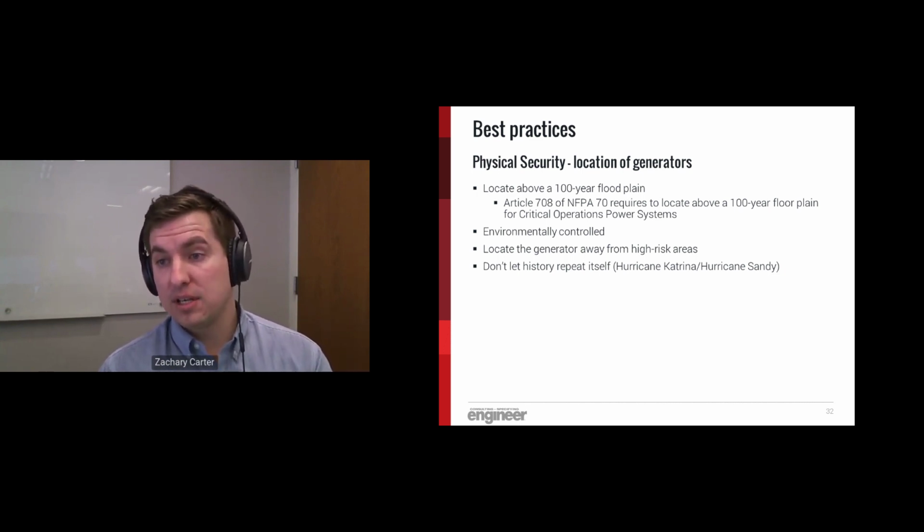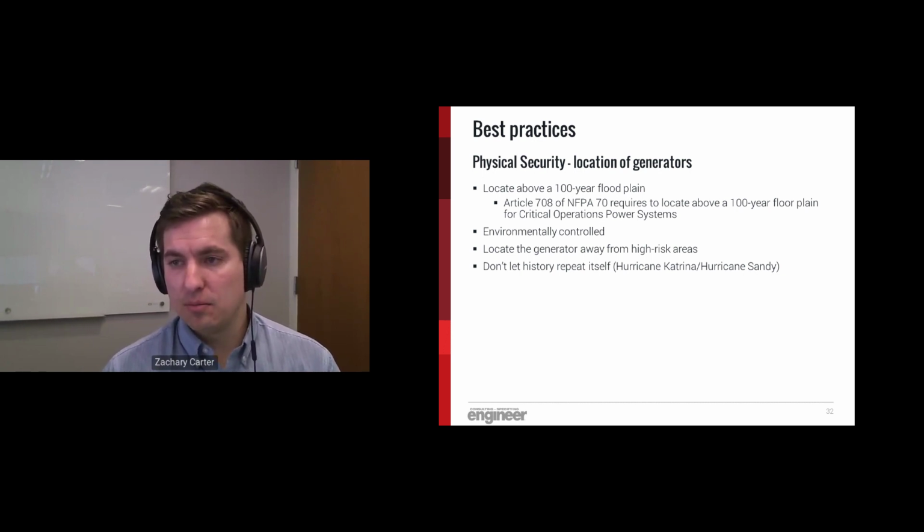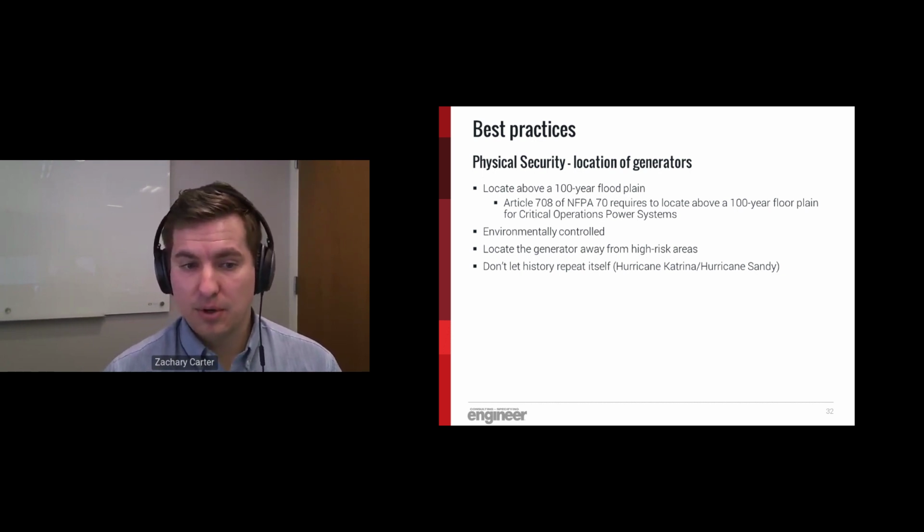Article 708 tells us we must do this for those public entities, for those critical operations power systems. And it all boils down to making sure we're locating that generator array away from high-risk areas, so we don't have history repeating itself with one of the hurricanes, Hurricane Katrina, Hurricane Sandy, where many folks had generators, but when they were called to start, could not.